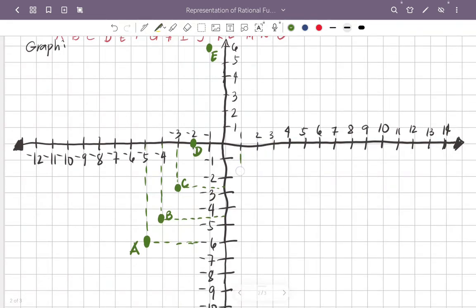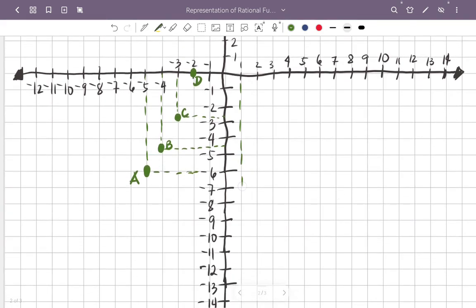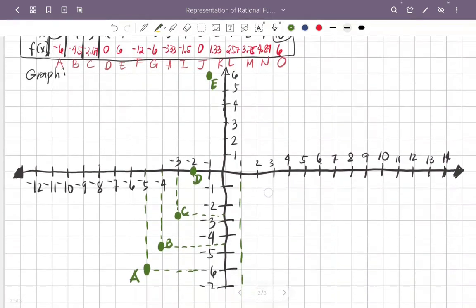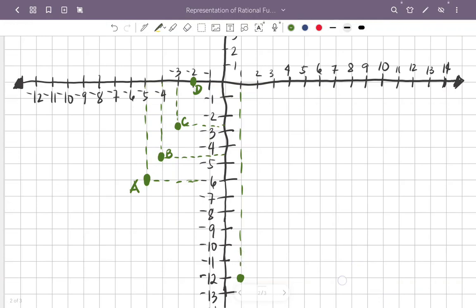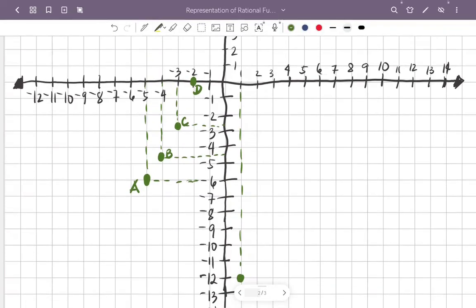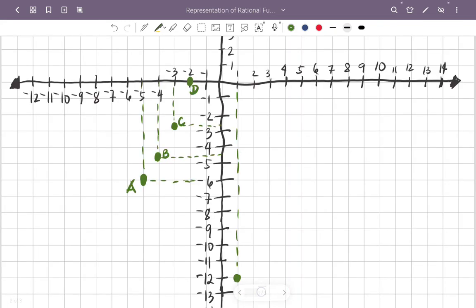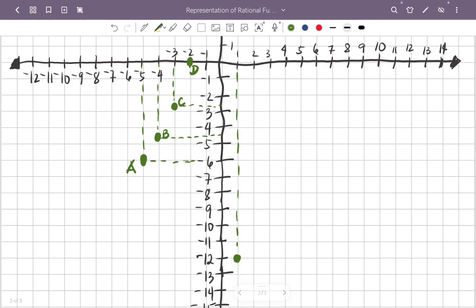Minus 1, negative 12. Let's look for negative 12 here. So, minus F. Okay, this is F.